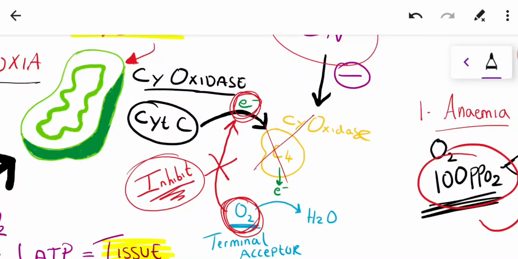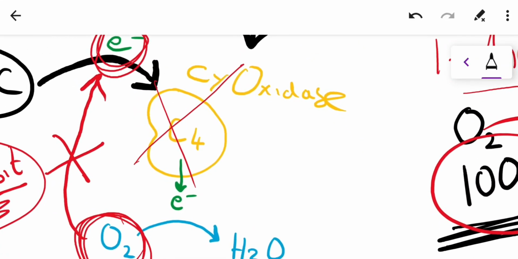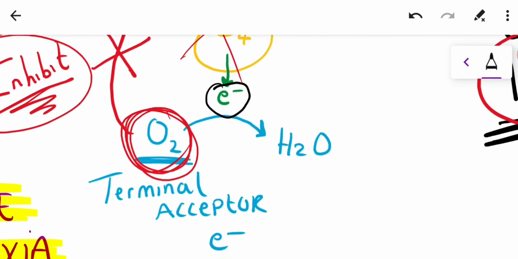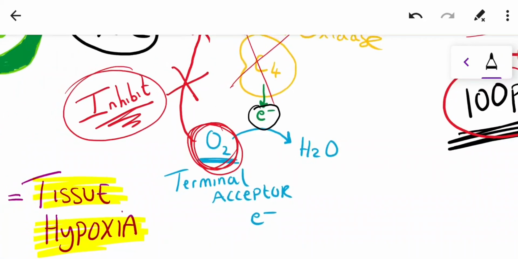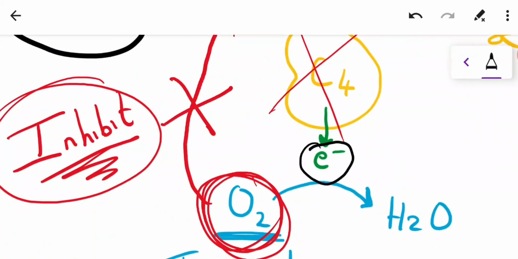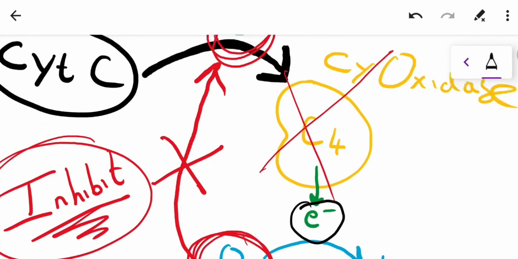Cyanide is binding with cytochrome oxidase, cytochrome 4. Originally, this electron was supposed to be accepted by oxygen and form water. However, there's an inhibition in cytochrome oxidase.